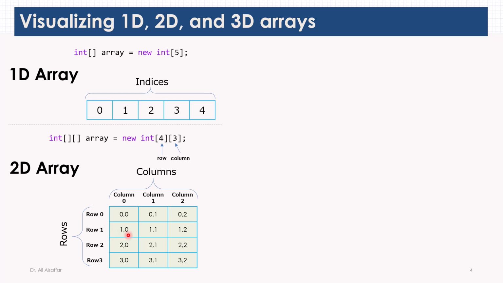For this row, row number 1, its index in the first dimension is 1, and in the second dimension its index is 0. For the next entry, the index of the row is 1 and the index of the column is 1. Now if we go to the last number here, 3,2, that means the index of this entry in the first dimension is 3 and in the second dimension it is 2. So this is how we reference indices in a tabular form. The first dimension is the row and the second dimension is the column.